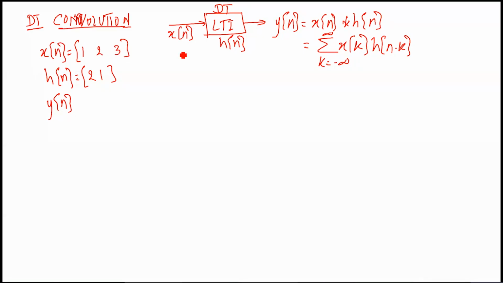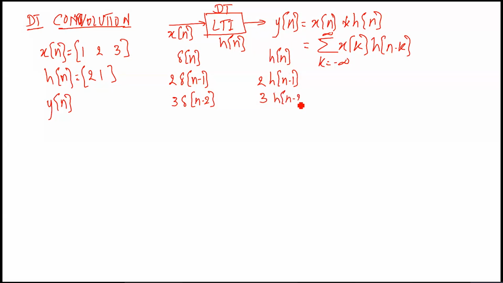If we give delta n as an input, the output we know is going to be h of n. If we give 2 times delta n minus 1 as an input, output will be 2 times h of n minus 1. And if you give 3 times delta n minus 2 as an input, output will be 3 times h of n minus 2.